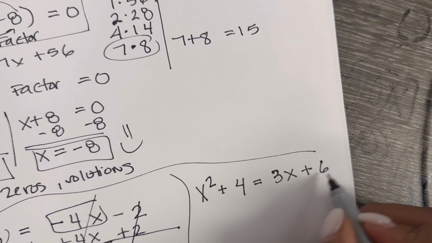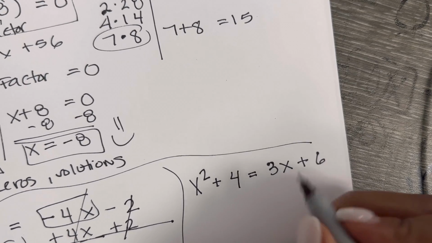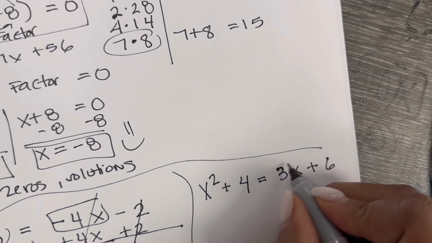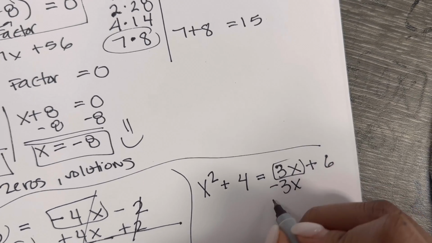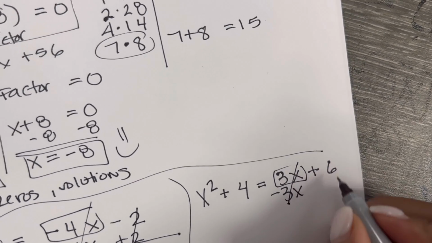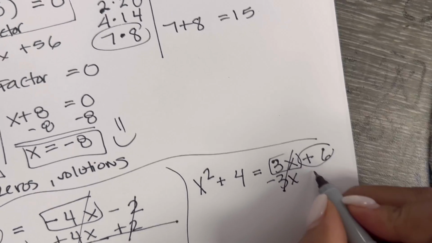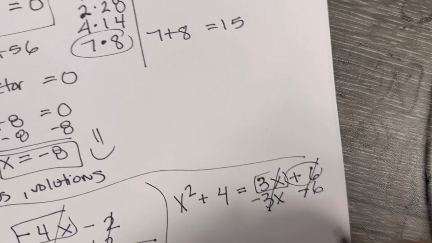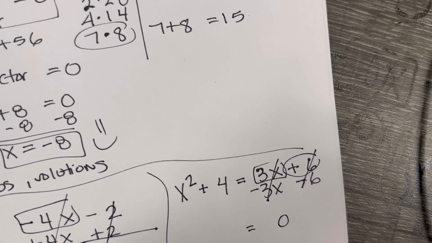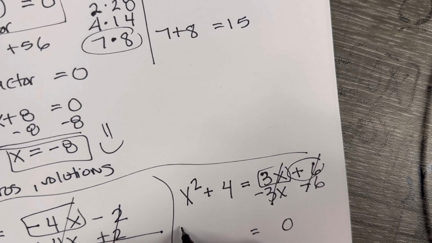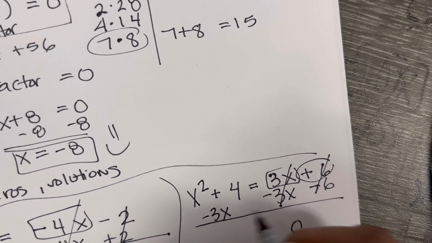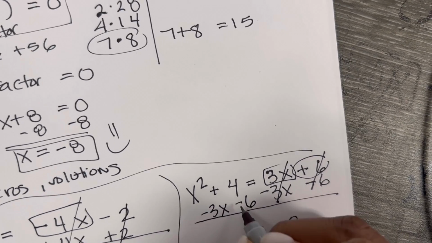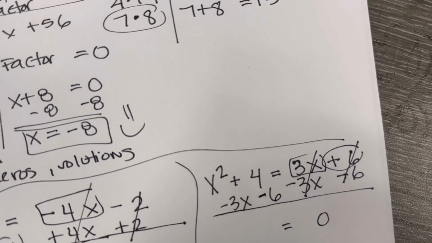So you gotta move these terms from that side, gotta delete them. So this is 3x, you wanna subtract the 3x because 3x minus 3x is 0. That's a 6 here, right? So you wanna subtract a 6 to get rid of it, that's 0. So we got 0 over here. If you subtract 3x from this side, you have to subtract it over here. Subtract 6 over here. And then circle your like terms.